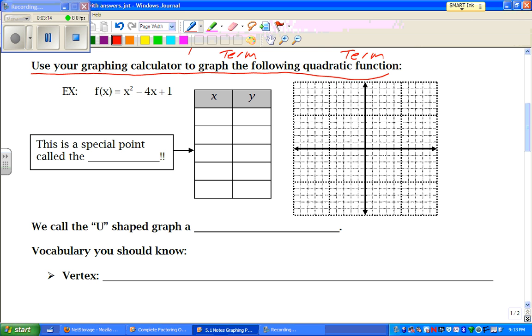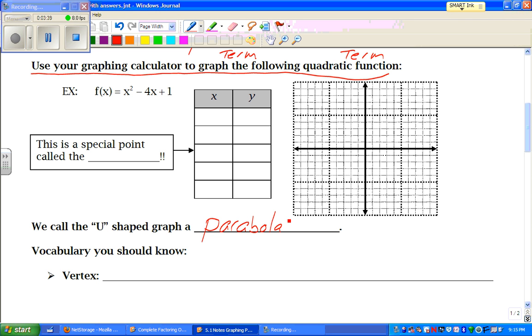Now that you have that on the calculator, we're going to be creating that image by hand today. Let's get started. This U-shape that we have is called a parabola.